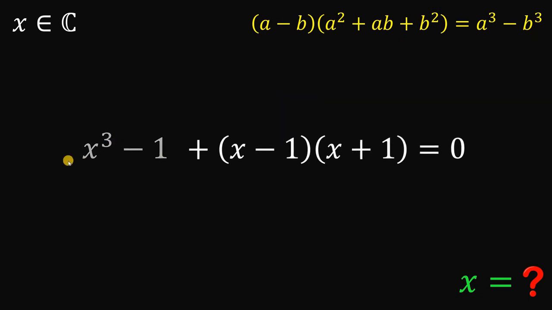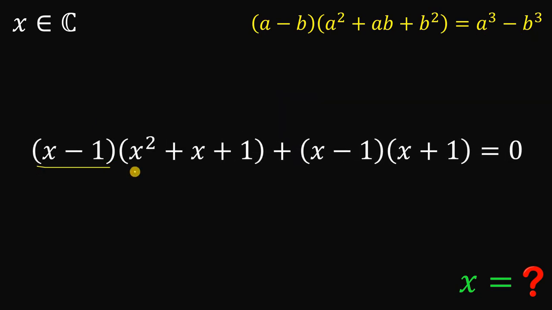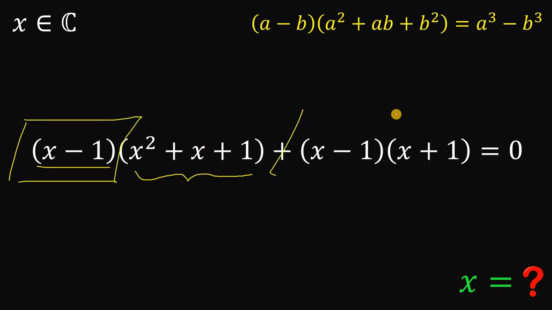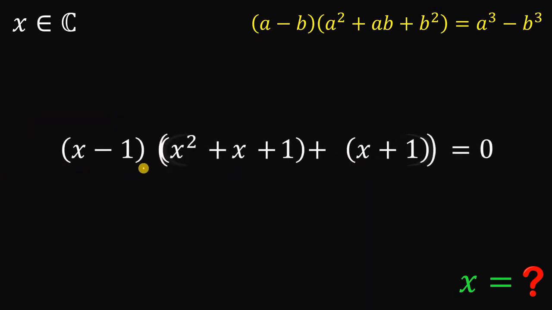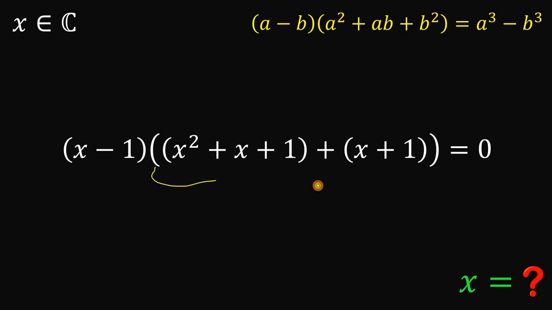So this can be factored as x minus 1 multiplied by x squared plus x plus 1. Now, we can see a common factor of x minus 1 right over here. So we can now factor out x minus 1. If we do that, we get x minus 1 multiplied by the remaining terms. We have x squared plus x plus 1 plus x plus 1.